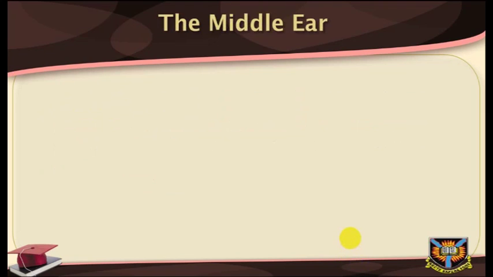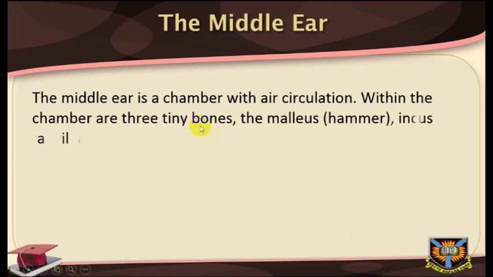The middle ear. The middle ear is a chamber with air circulation. Within the chamber are three tiny bones: the malleus, that is hammer, incus, anvil, and the stapes, stirrups.